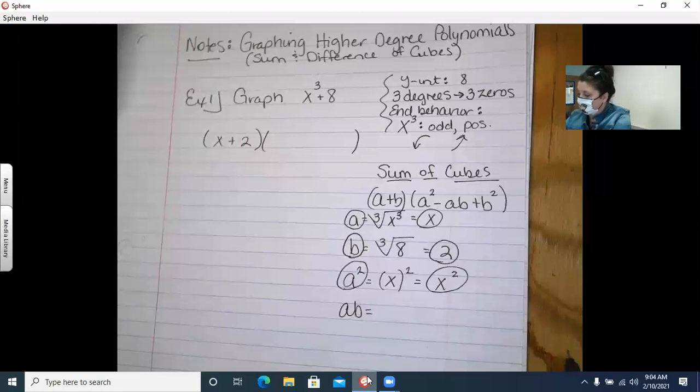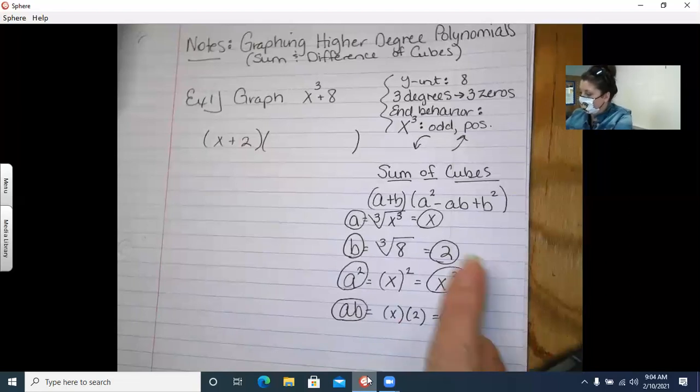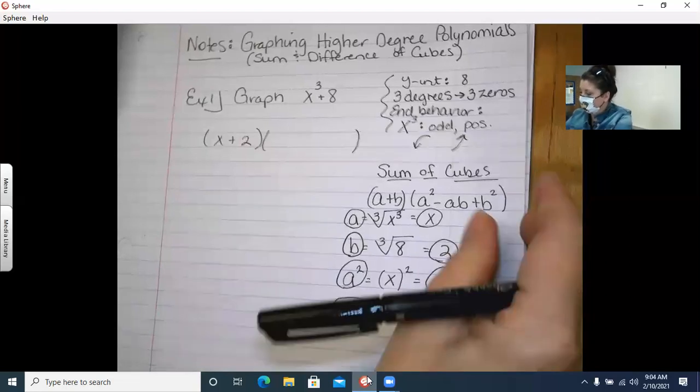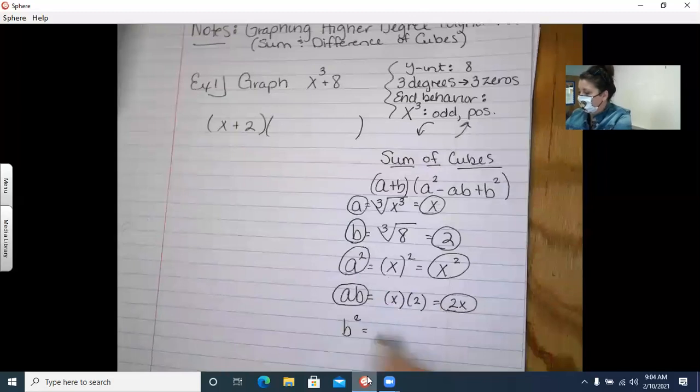If a is x times b is 2, what's x times 2? 2x. So where I see an ab, we'll substitute 2x. And then we also need to find out what is b squared. So b is 2. What is 2 squared? 4.